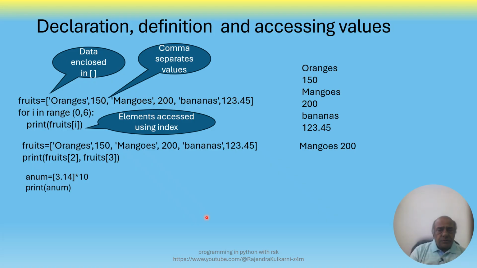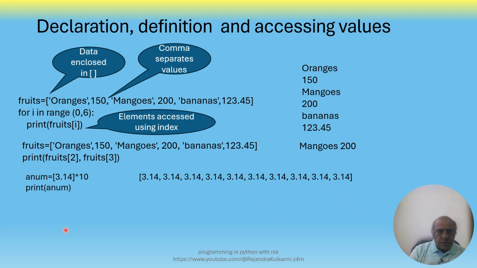There is one more feature of Python. If you want to fill up a list, or assign the same value multiple times to a list, we can do it like this. A list with a value 3.14, and I want that multiple values of the same constant 3.14 should populate my list named enum.